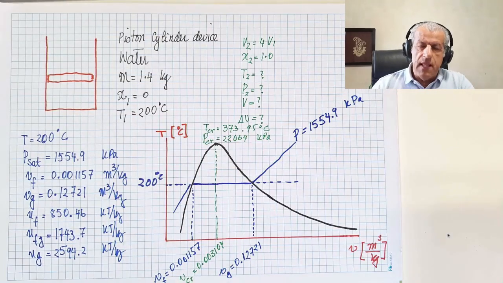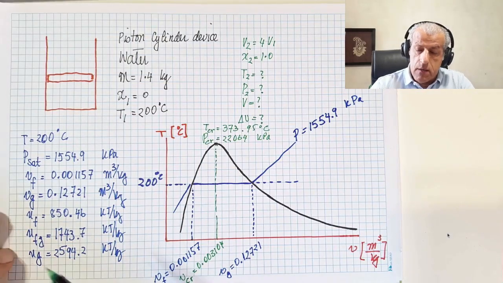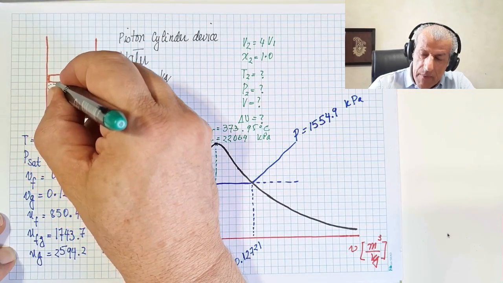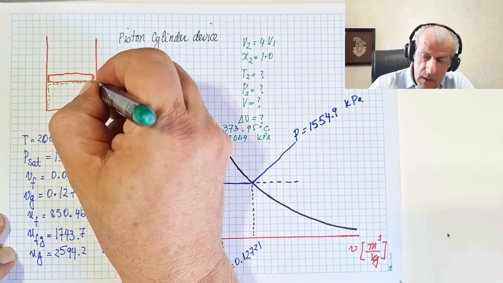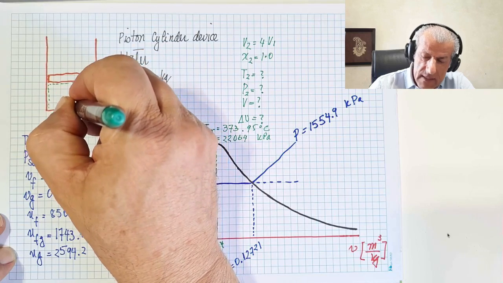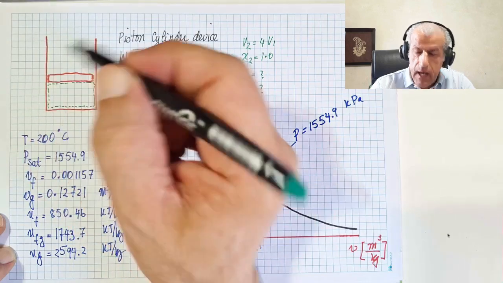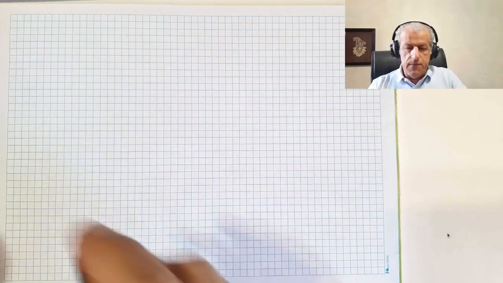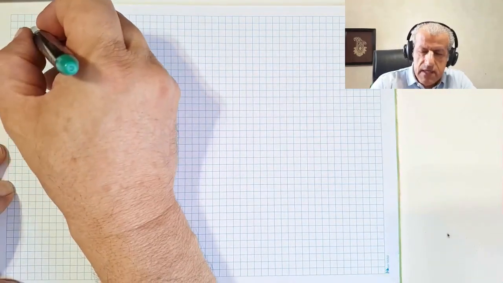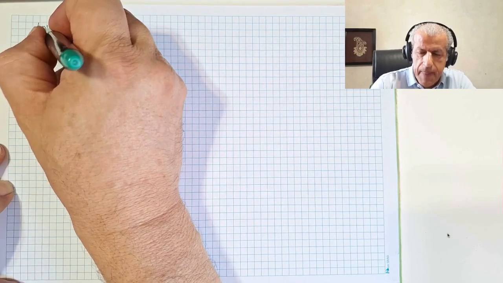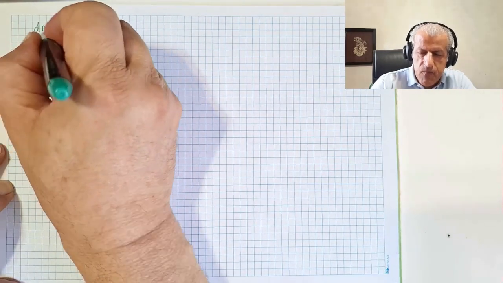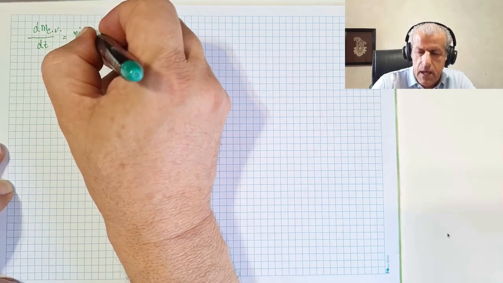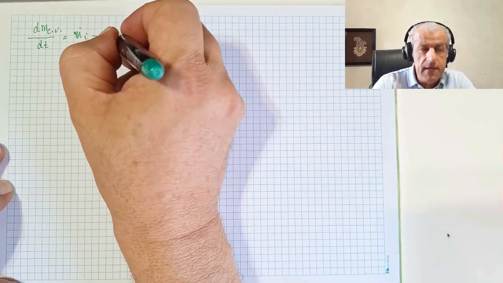I would select a system control, a boundary for our problem, which is, of course, the water inside this cylinder. I write down the mass conservation law for this boundary. Mass conservation tells us that dm_cv divided by dt equals m dot I minus m dot E.